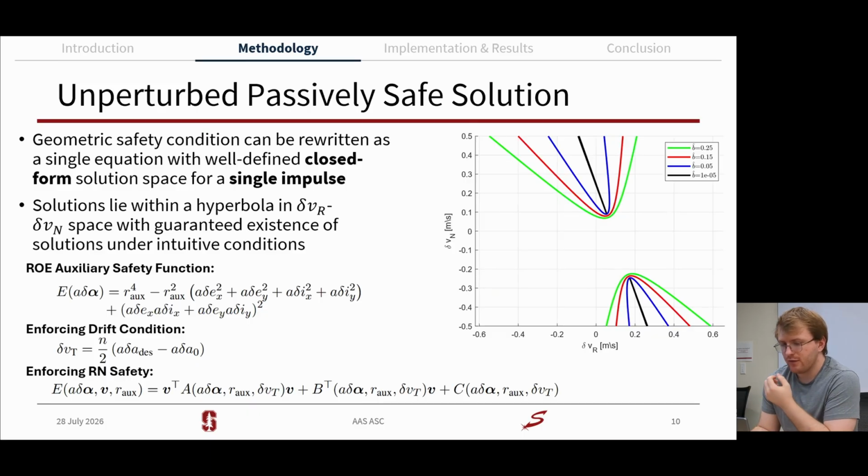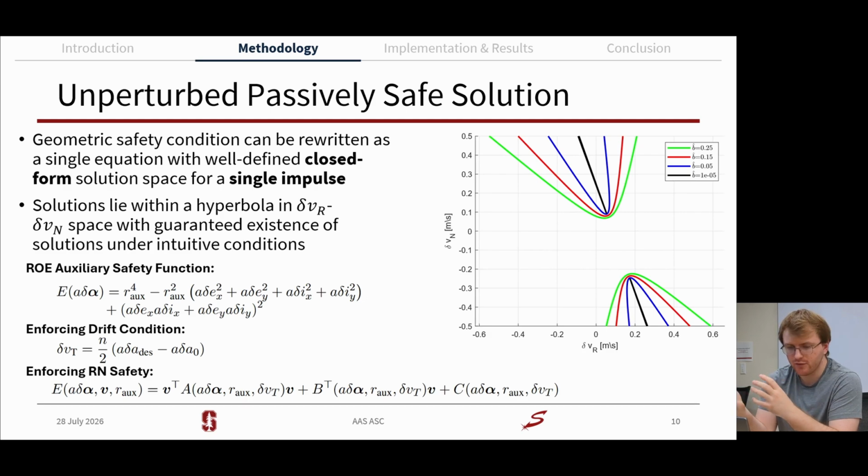The solutions of the equation I introduced in the last slide for the minimum separation between the RN trajectory and the keep out zone can be rearranged into a very convenient form, which ends up being a quadratic equation in an impulse velocity.